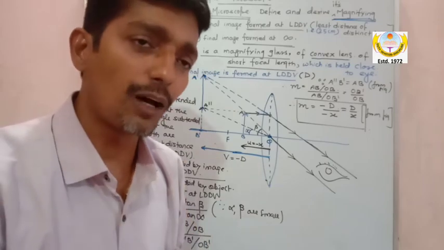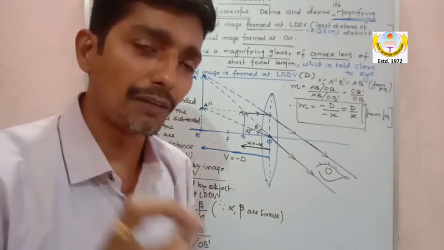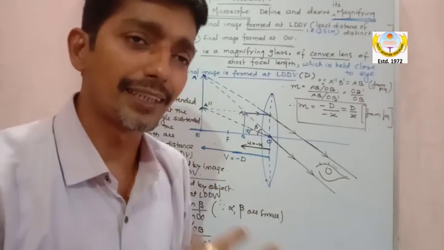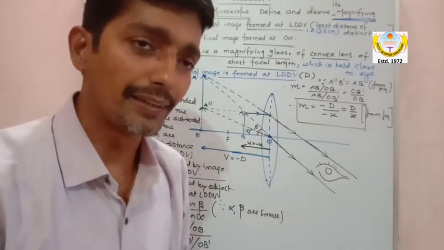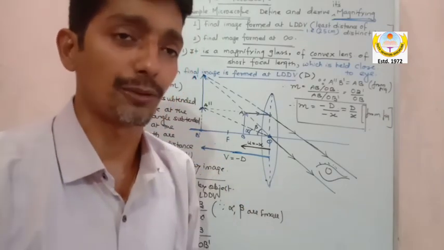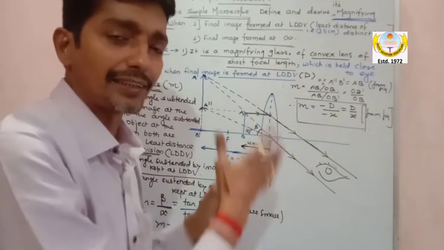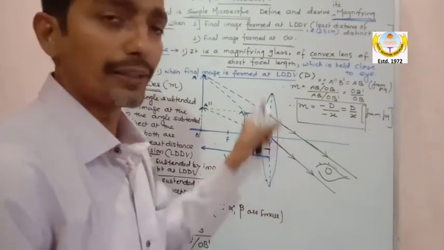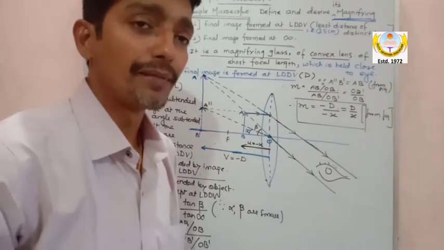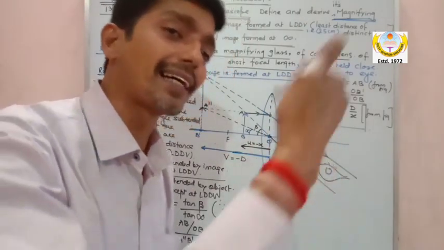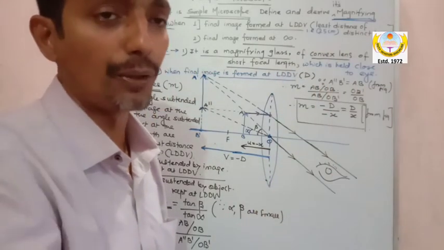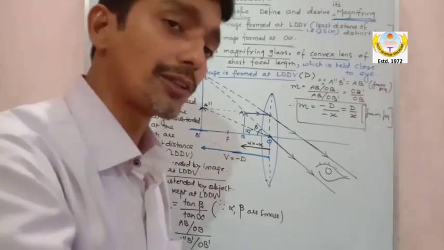Am I clear? Remember, this is a very important statement from my side. In all the next optical instruments, the eyepiece of the instrument, because in compound microscope and in telescope we have two lenses, one is objective and the other is eyepiece, the eyepiece starts acting as a simple microscope. So whatever concept we are studying for simple microscope, for image forming at LDDV and for image forming at infinity, we will apply the concept there for the eyepiece of the compound microscope and the eyepiece of the telescope.